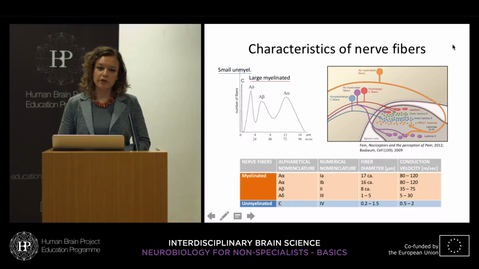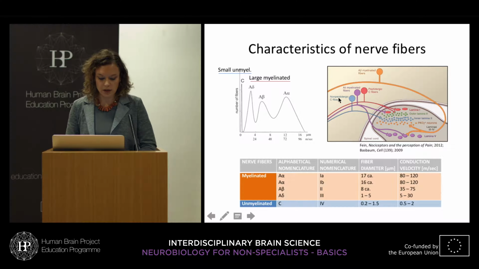So actually, there are different types of nerve fibers, as you can see here, that then synapse with neurons in the dorsal horn. The different fibers are classified by their diameters. We have large myelinated fibers and small unmyelinated fibers.